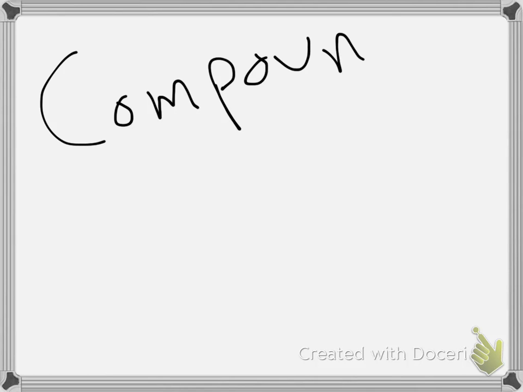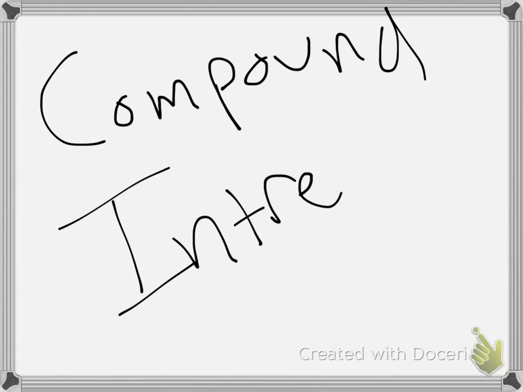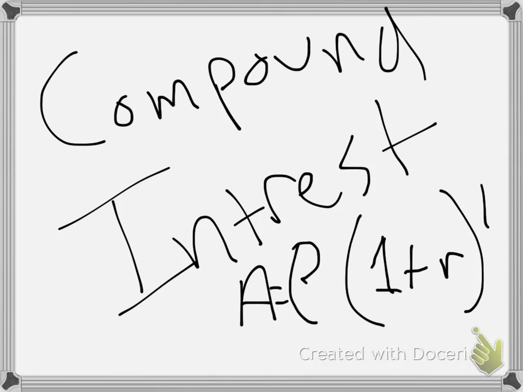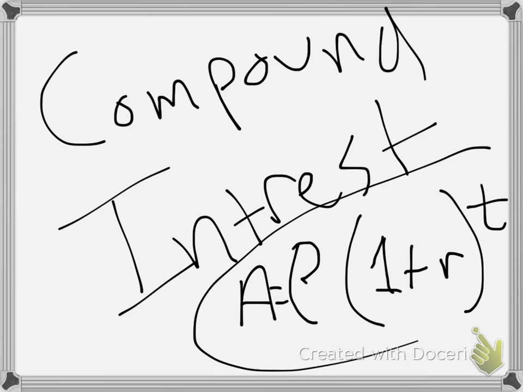Okay, so if it ever asks for compound interest, remember to use that formula. A equals P outside of 1 plus R raised to the time. Okay, use that if they ask you for compound interest.